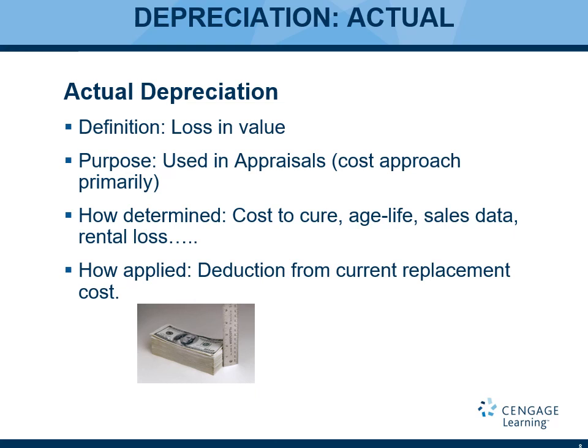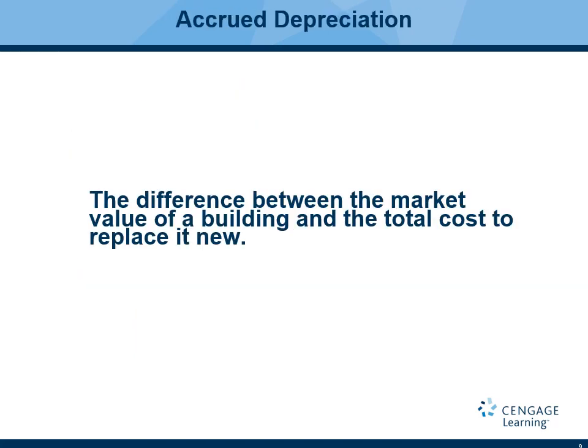It is a deduction from the current replacement cost. So you have to figure out, if we built this building today, how much would it cost? And then you subtract depreciation from that. So in appraisal, it's referred to as accrued depreciation. And accrued depreciation is the difference between the market value of a building and the total cost to replace it if it was brand new.